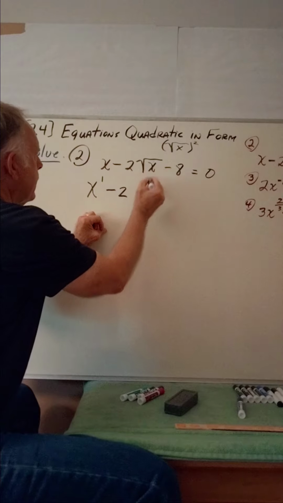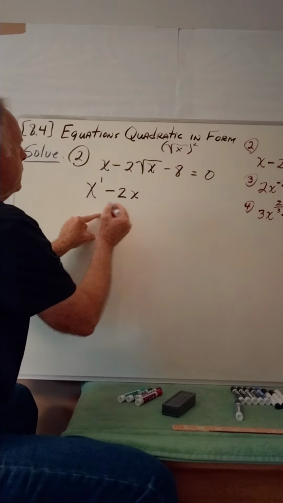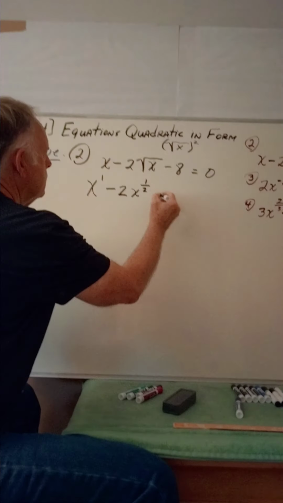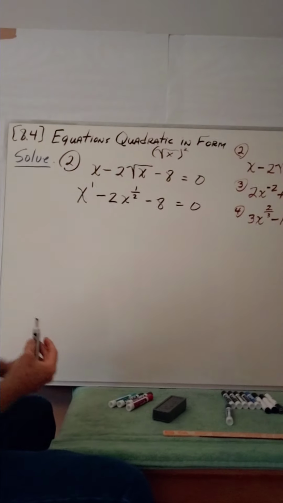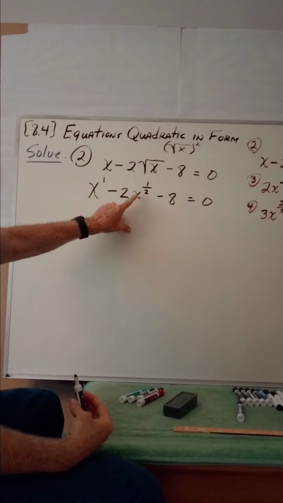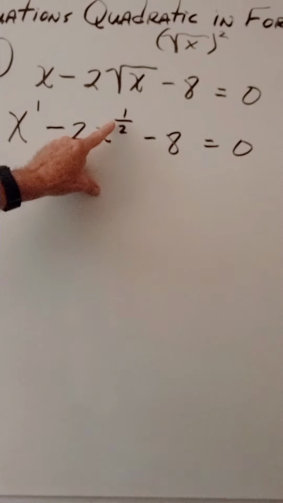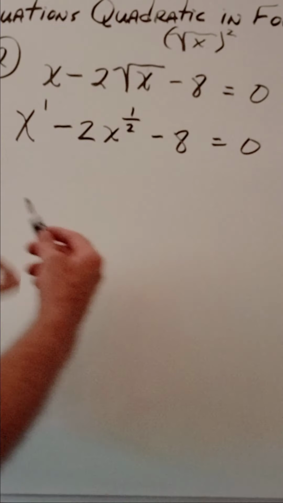Bring that radicand down, and its exponent will become 1/2. Then -8 is equal to 0. It's still true: if you take the variable part of this middle term, x to the 1/2, and square it, you're going to get x to the 1, or simply x.